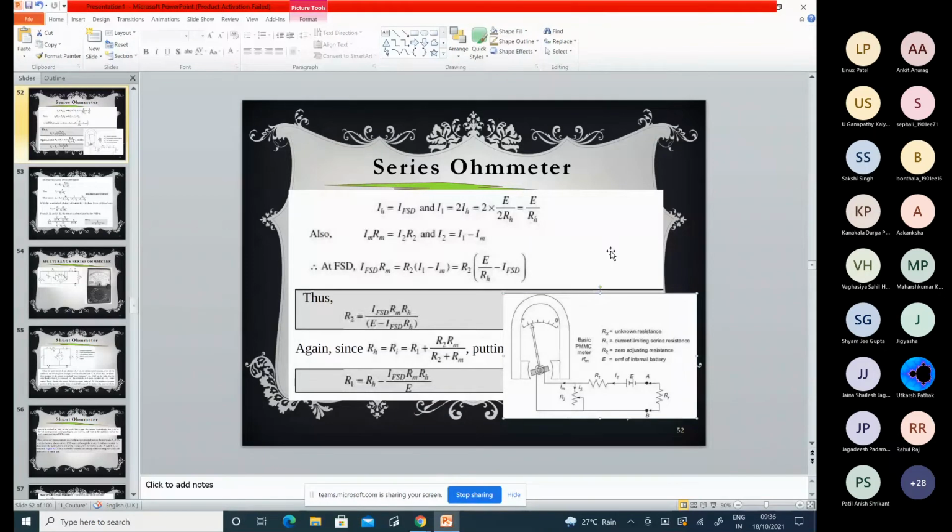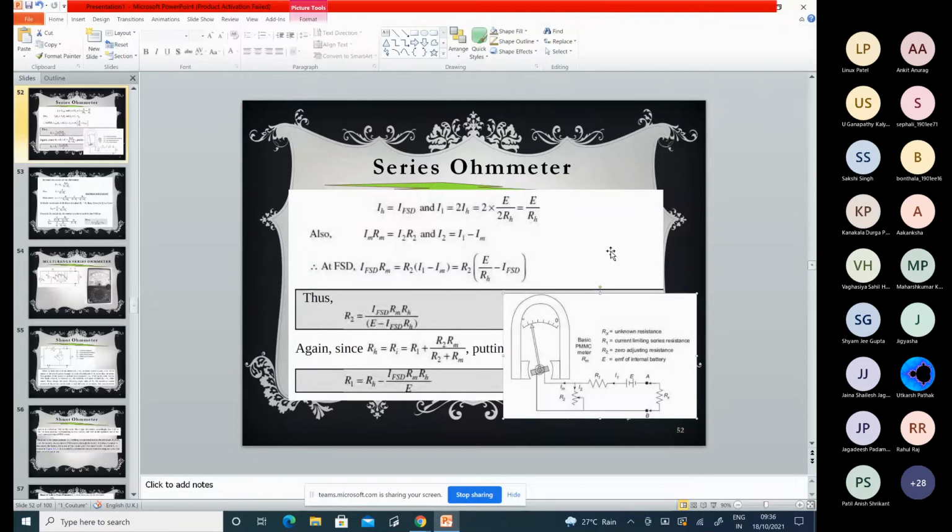Also, Im is the current flowing through the PMMC. Im Rm will be equal to I2 R2, and I2 will be equal to I1 minus Im. So at full scale deflection, Rm will be equal to R2 into I2, that means R2 into I1 minus Im, which is R2 into E by Rh minus IFSD.